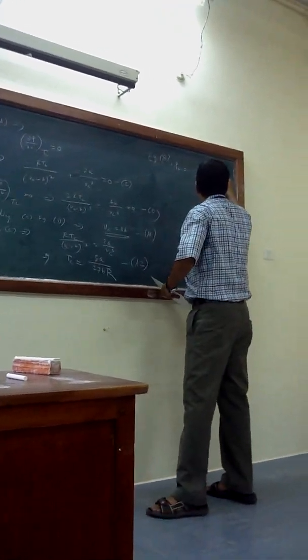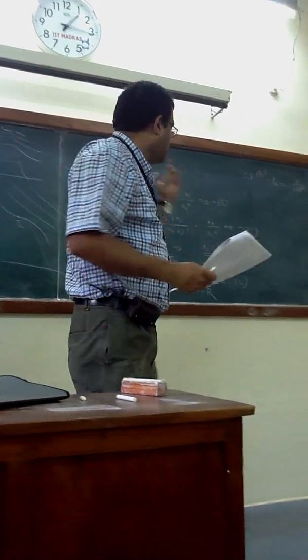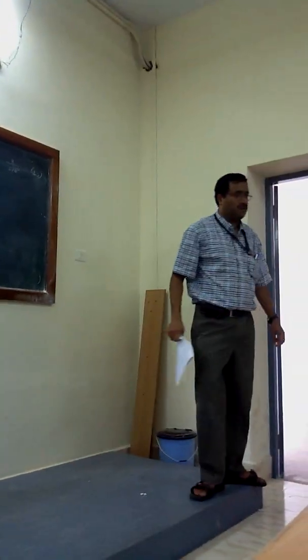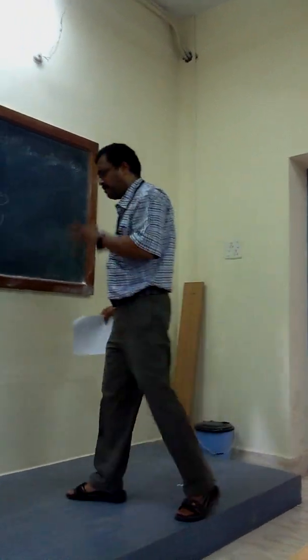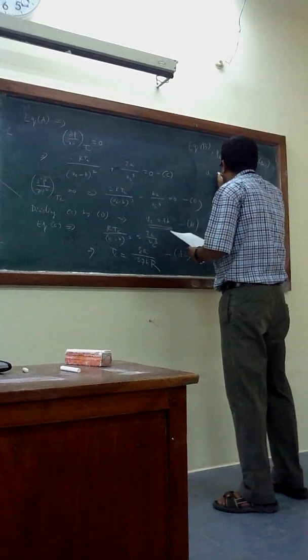Equation number A3, sorry, not C. Now I promised you to get A and B, the van der Waals constants, in terms of critical temperature, pressure and volume. In general we do it in terms of critical temperature and pressure. So what are the values of A and B?